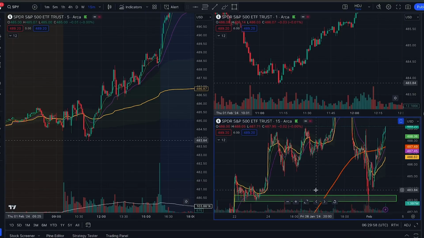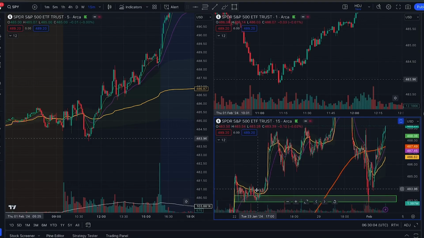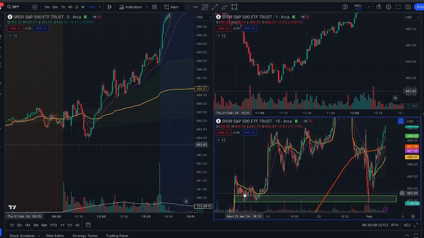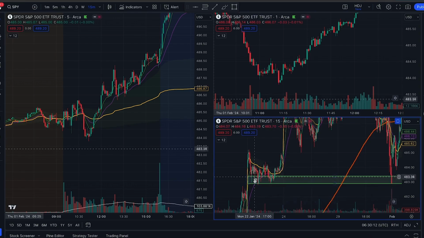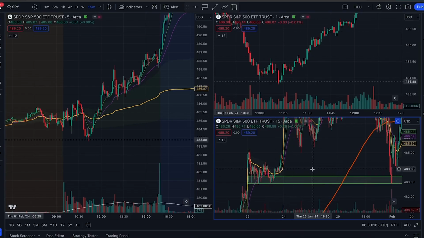So it's on a larger time frame, so the chances of things going in your favor are even higher. So let's go back. You saw price moving sideways here, and we had a touch, went up a little bit, another touch into the zone, and we went way to the upside.